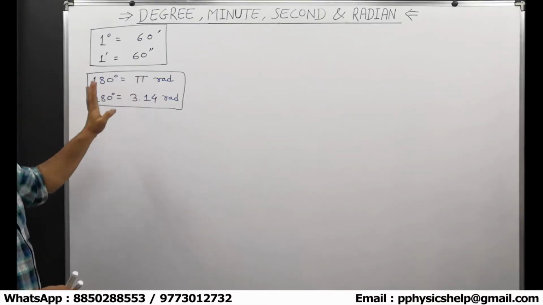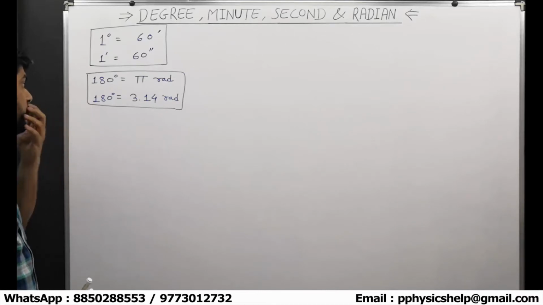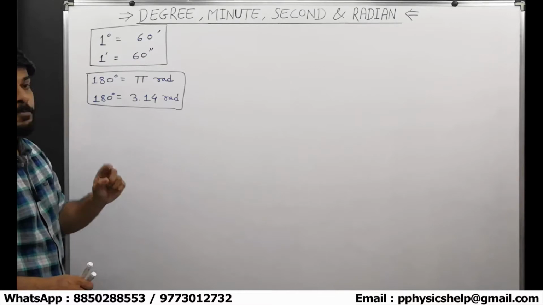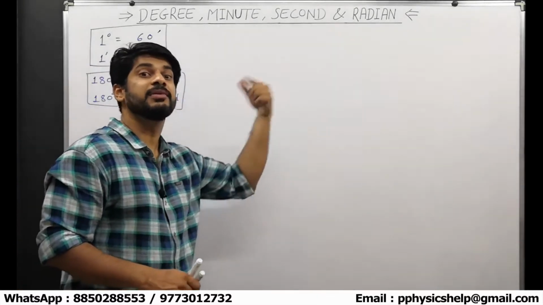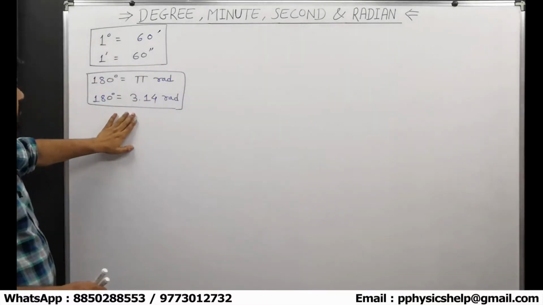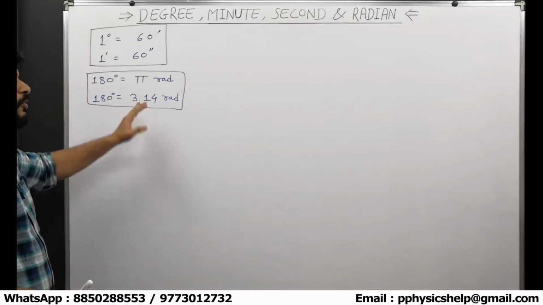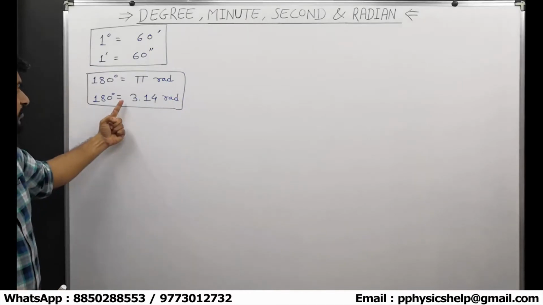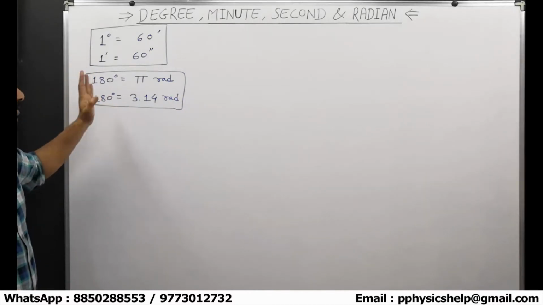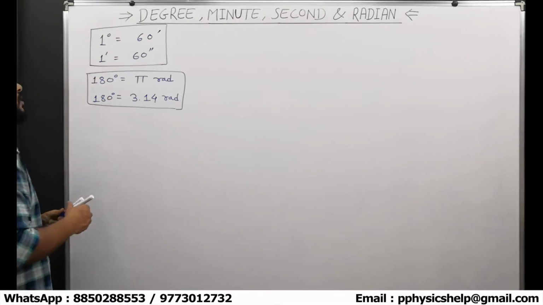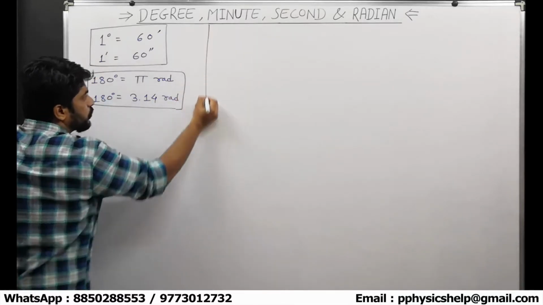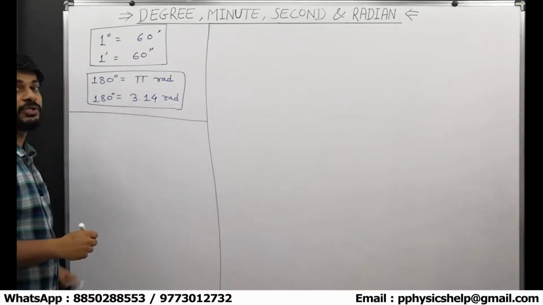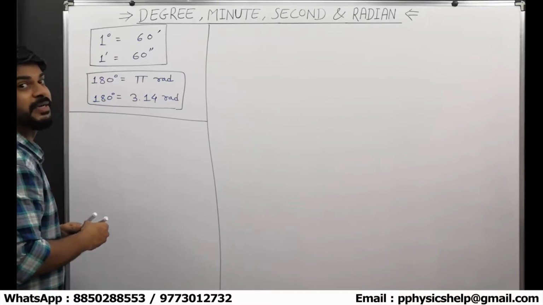Now we will find out what 1 degree is in radians. This is a sufficient equation from which we can find all the relations. You just need to remember this equation, nothing else. Everything else will automatically follow. So let's divide this now. First of all, I will find out how many radians 1 degree is equal to.